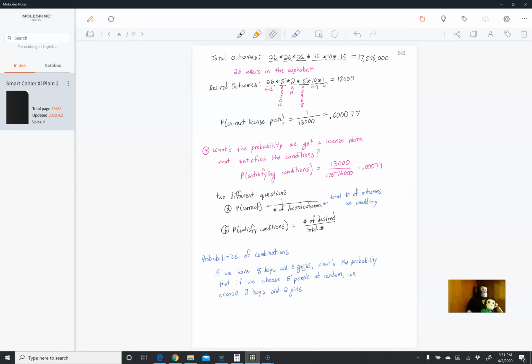Okay, so in this case, we're looking for something very specific. We want 3 boys, we want 2 girls, and we know how many boys and girls there are. So again, we're going to choose total outcomes. So total outcomes would be choosing 5 people with no restrictions.